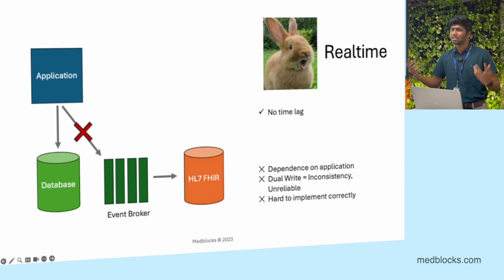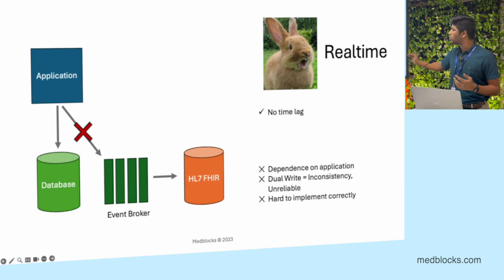So it's just inevitable if you implement something like this. You can't have high availability, you can't do anything about this, because even if you run multiple replicas of your application, one instance is committing data to the database. Right after it commits, if that server crashes, what are you going to do, right? So this is not a real solution either. And again, there's a dual write inconsistency problem.